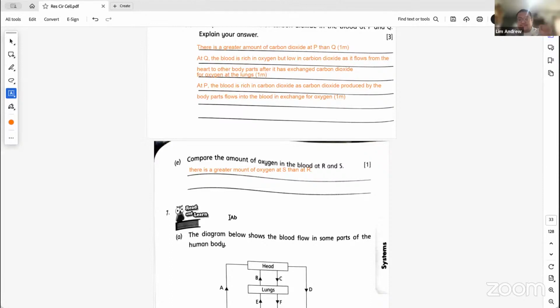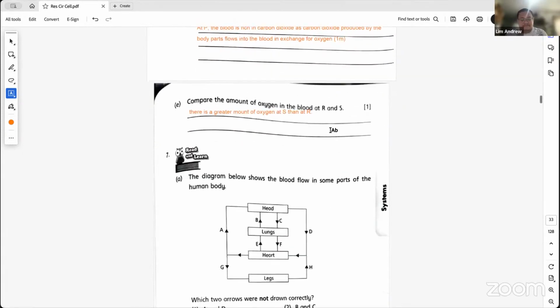Because blood rich in carbon dioxide at R flows from the head to the heart. After the head uses up the oxygen and produces carbon dioxide, it flows back to the heart. Whereas at S, blood rich in oxygen is pumped from the heart to the head. That's why there is a greater amount of oxygen at S than at R.